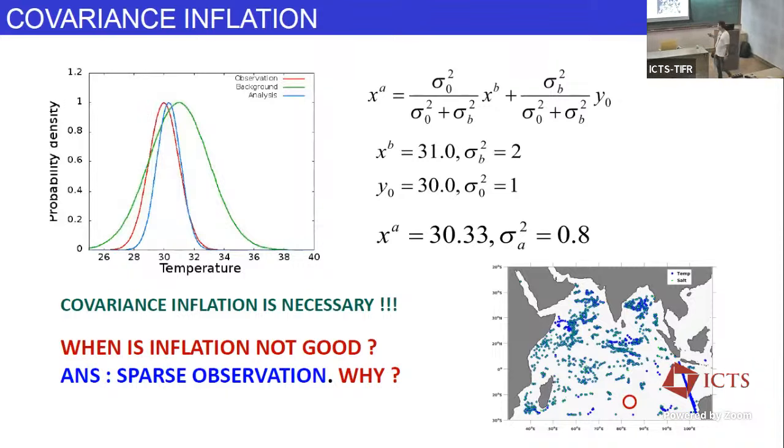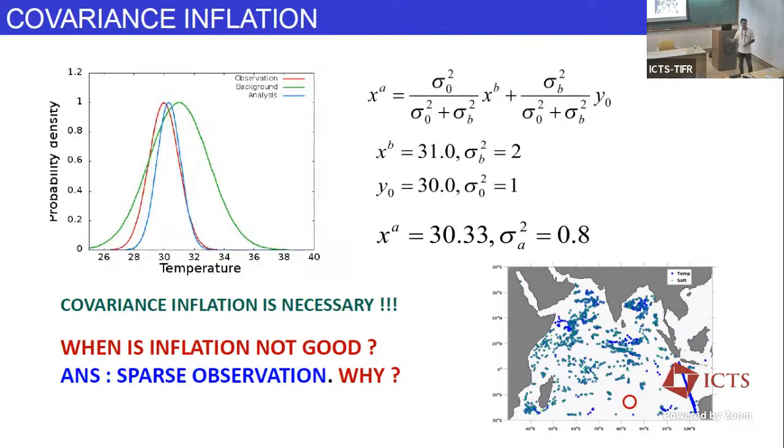Since there are no observations here, it's an observation sparse region, okay? And it has been an observation sparse region, let's say for 10 assimilation cycles. During each cycle, the model error variance is going to rise because of covariance inflation. I'm applying covariance inflation uniformly everywhere, okay?